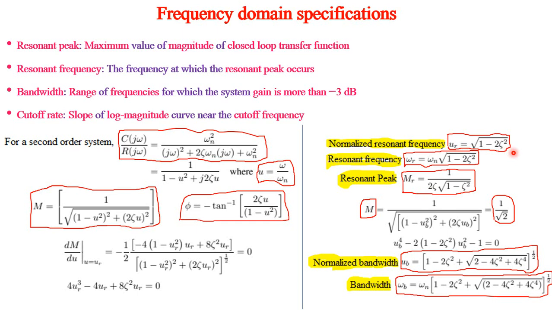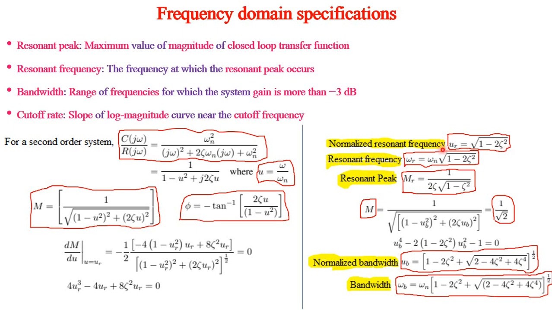However, zeta greater than 1 by root 2 we are not going to consider in real time, because we have already seen in time domain analysis, especially the time response of second order system when we discussed in that lecture. So we have seen that when zeta is in the range 0.4 to 0.7, that is the ideal operating range of zeta for the desired response.